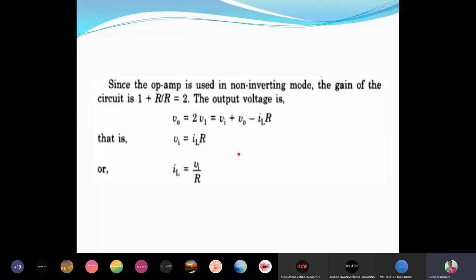After rearranging, we also wrote the expression for the gain of the amplifier when it is connected in non-inverting mode.